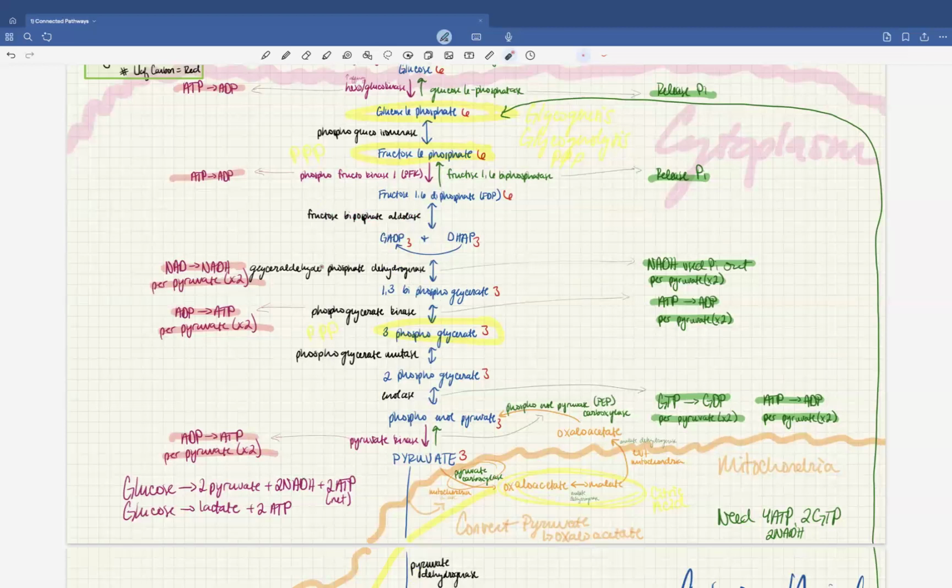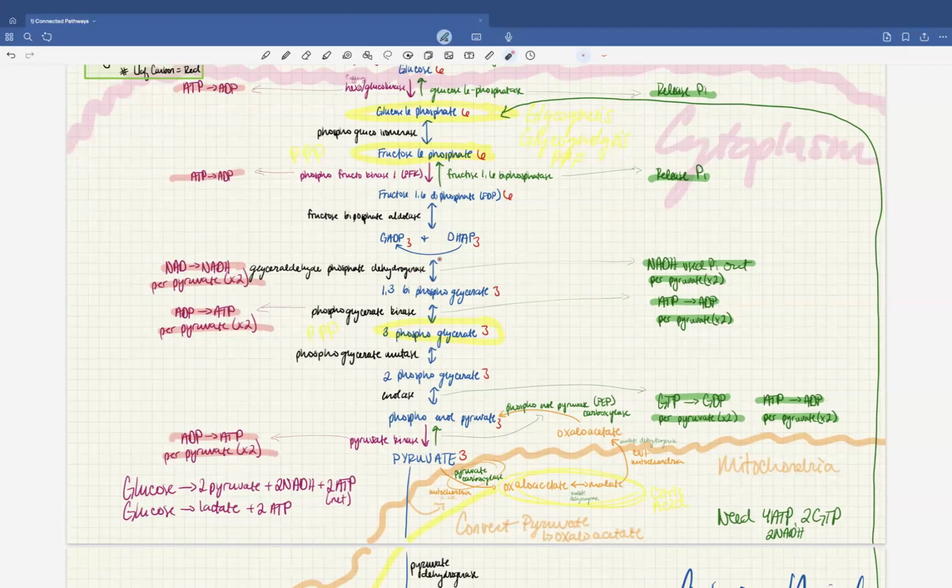This step is going to generate an NADH from an NAD. And since this is going to be happening twice, once from the GADP molecule, and then second from the DHAP molecule that's converted into GADP, then we'll generate 2 NADHs from this step.